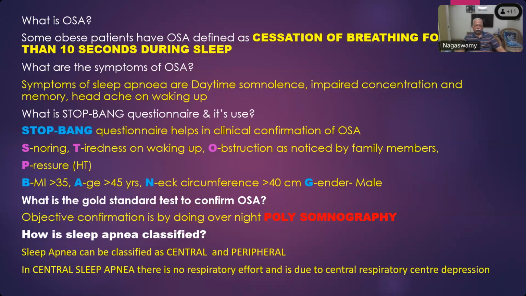That is the main way to differentiate between central and peripheral sleep apnea. In central, there is no respiratory attempt at all. The abdomen will be quiet and they will be choking. Whereas in peripheral, you can see a small flicker of the abdominal muscles trying to initiate a breath, but no airflow occurs because of the collapse of the upper airway.